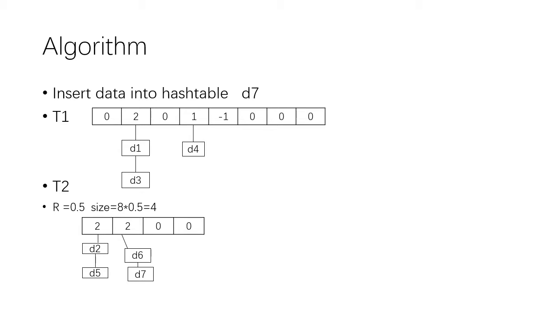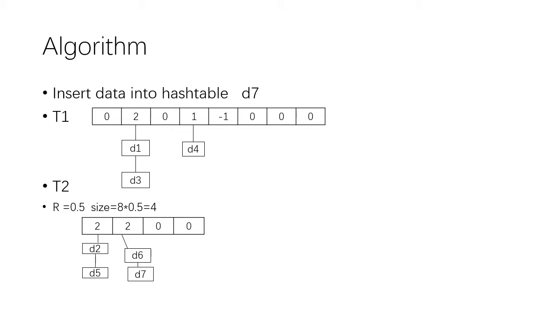So we have 2 items here. We set the 0 to 2, and we also have 2 items in index 1. We set the values to 2, and also we need to set the corresponding index in T1 as -1. This is the flag. It's very important. We have to set it.